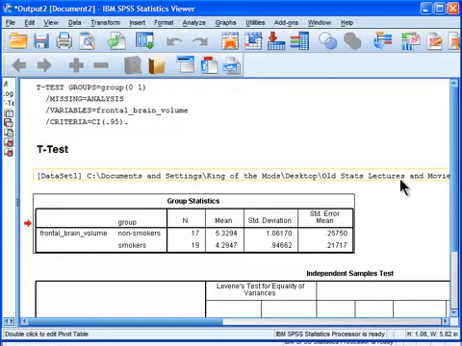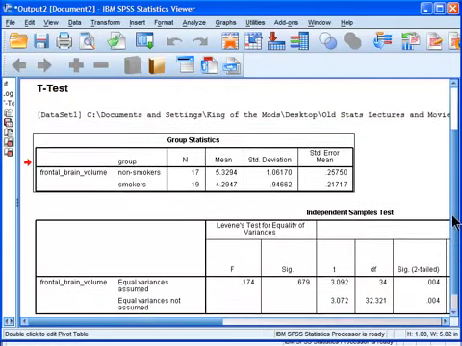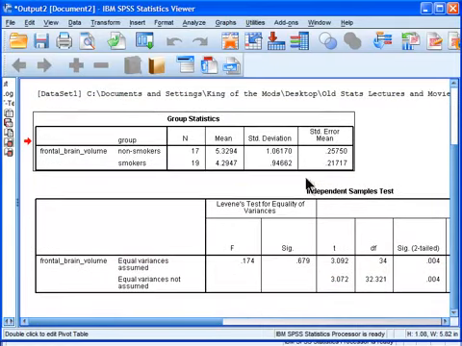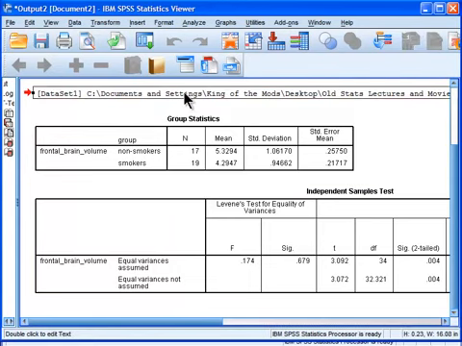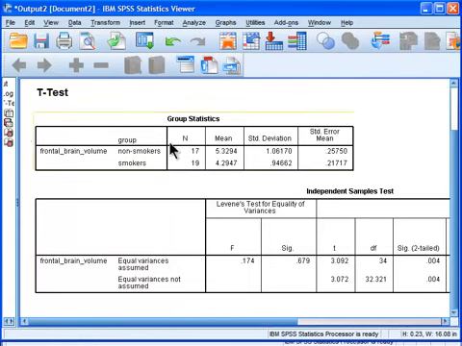All right, so the first box that is visible in SPSS is the group statistics. And we've got frontal brain volume, group non-smokers and smokers. So sample size in non-smokers was 17 and in smokers 19.